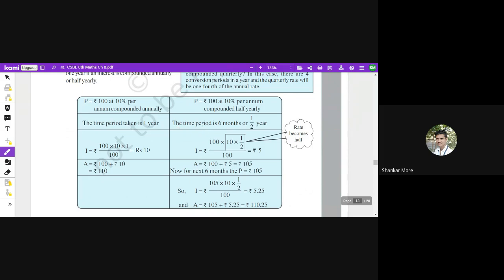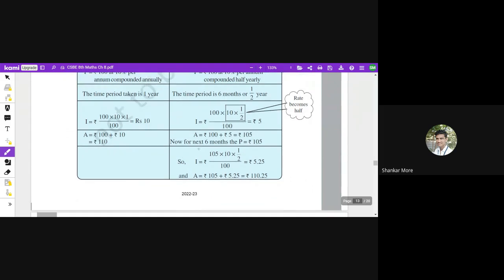So the time period is 6 months or half year. So in this case, 100 into 10 into half or 1 by 2 divided by 100. So that is going to be 5 rupees. So the amount at the end of 6 months will be 105. Now this 105 rupees will be the principal amount for the next 6 months.